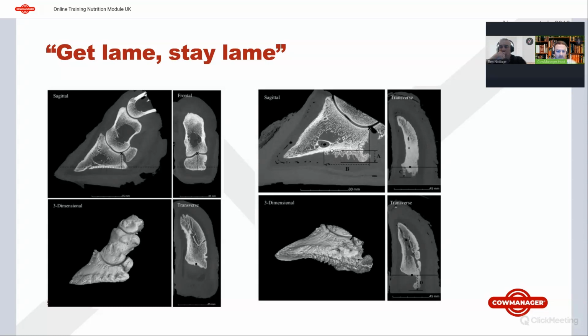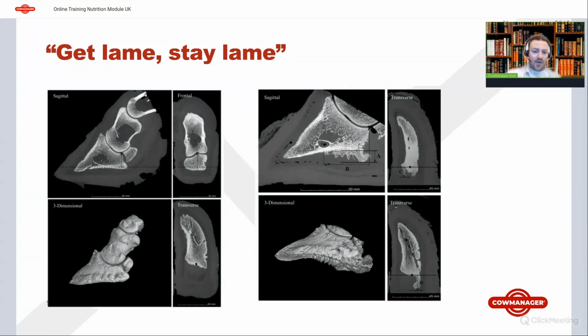And those bone spikes are called exostosis, and they are formed by a deviation in weight bearing. So when a cow starts to walk lame, she tries to relieve the weight bearing of the part that hurts, increasing the pressure on the other side, and that could result in a deviation of the pressure of the hoof, leading to those bone cells forming new horn, and that will lead to something like this.